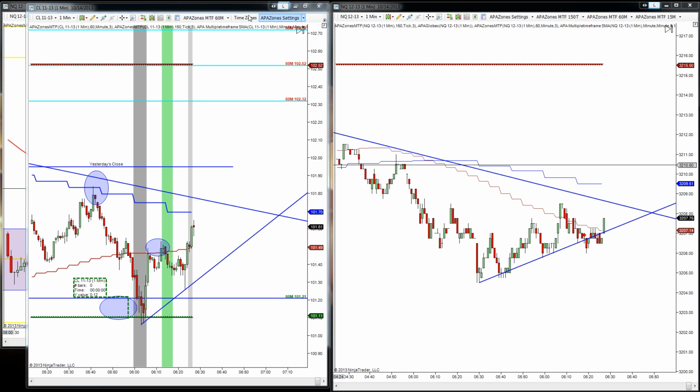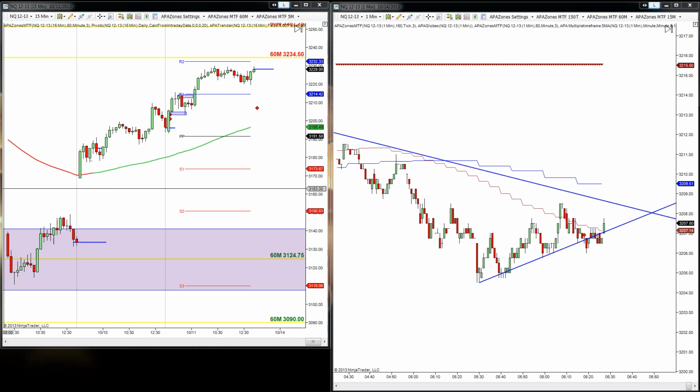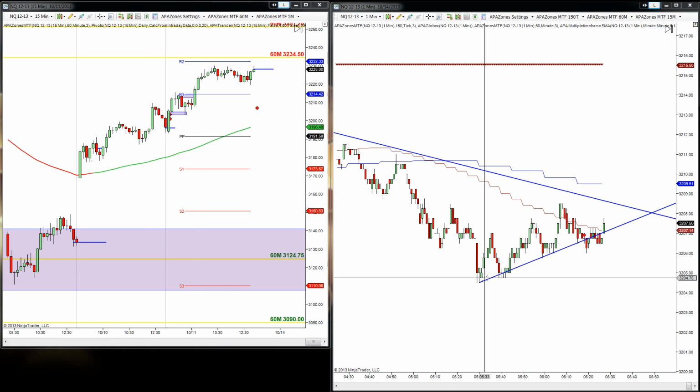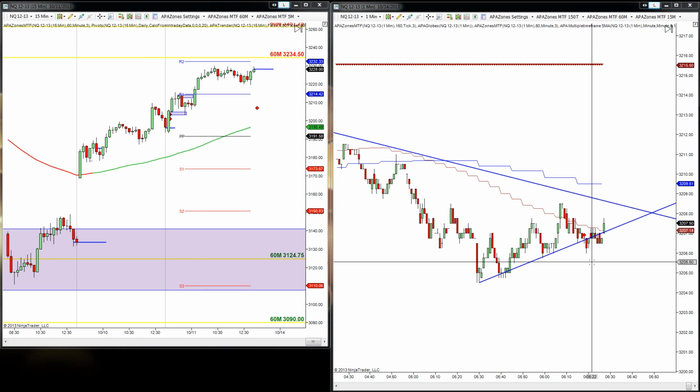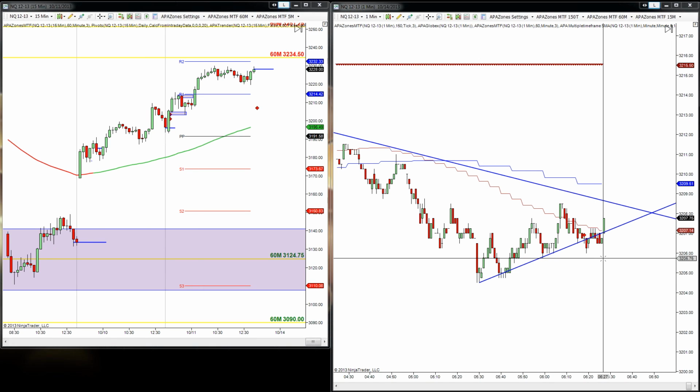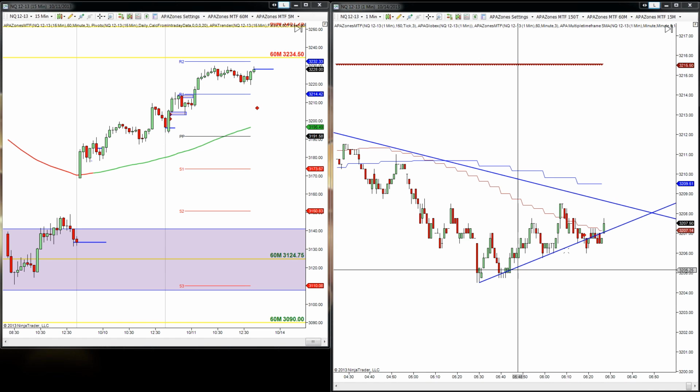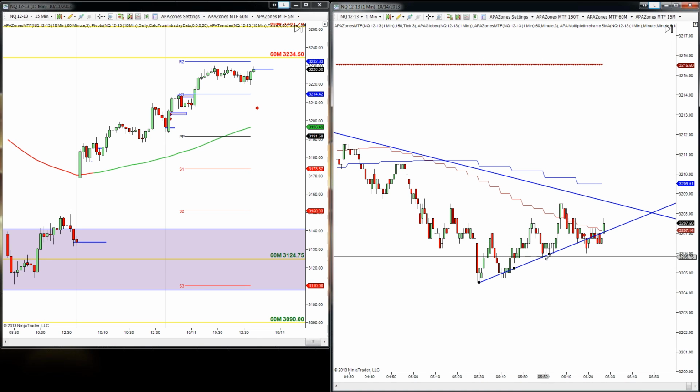Alright, we're coming into the open of New York. I would say that this trend line that I drew got beaten just a little bit here.